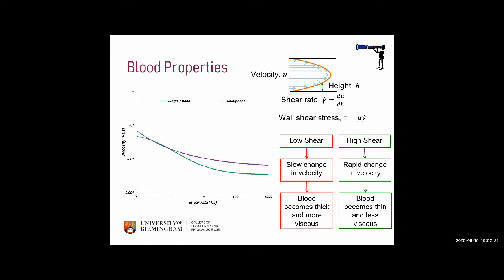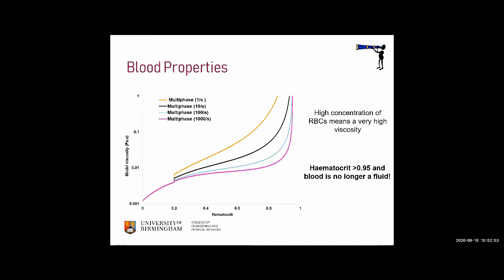Wait, no. High viscosity, like 1, 2, 3, numbers like that, is kind of like honey. And low viscosity, 0.000 something, is very low and like air, basically. So we have our two different ways to think about blood in this circumstance.